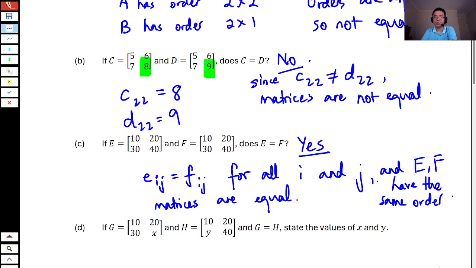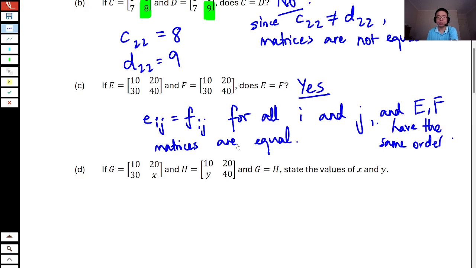All right, next example. So I've got the matrix 10, 20, 30, x for G and 10, 20, y, 40 for H. And I've stated, this time not as a question, I've given you the statement, G and H represent the same matrix. So I want to find those values. So what you should notice is the number 30 and the number y are in the same position.